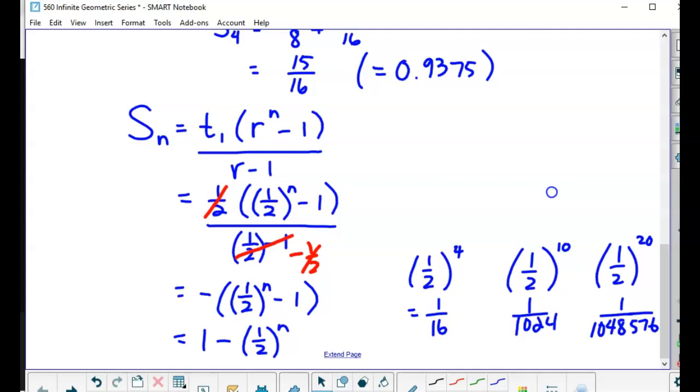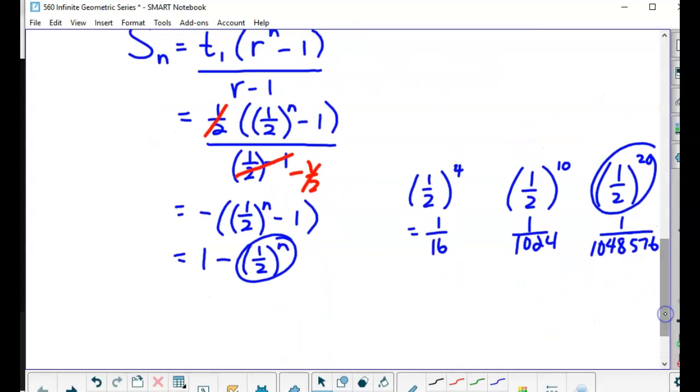As n gets really big, the value of this gets really small. So essentially this term goes to 0, and you get 1. What that's saying is, if your r value is less than 1, then that term will go to 0, and we don't even need to incorporate it into our formula.